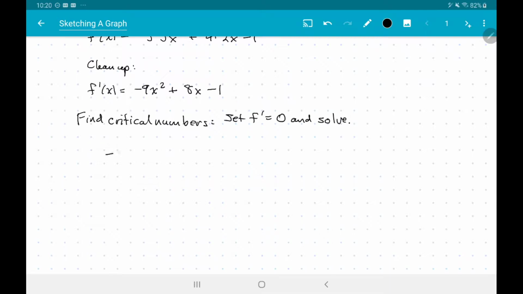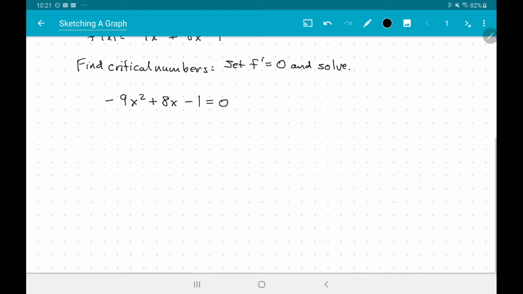Okay, so negative 9x squared plus 8x minus 1 equals 0. You should recognize by now that this is a quadratic equation, and it's not going to factor cleanly. I'll just give you that hint right off the bat. Instead, we should use the quadratic formula.